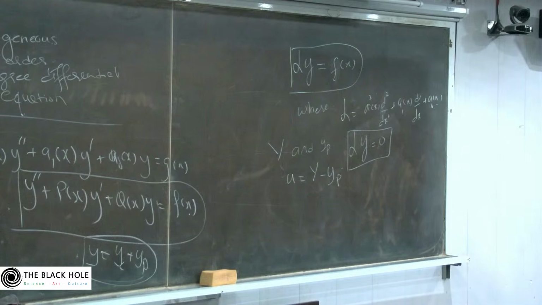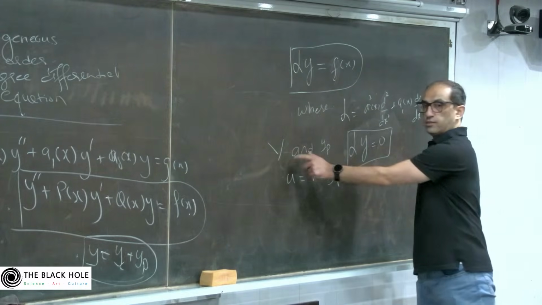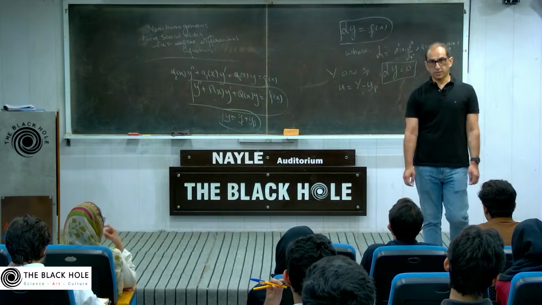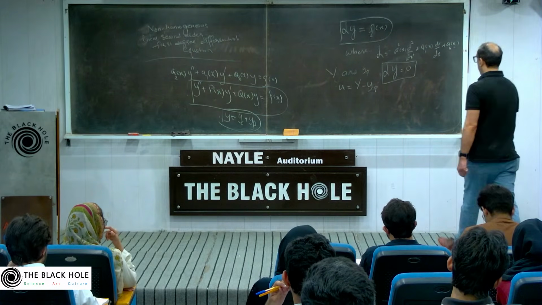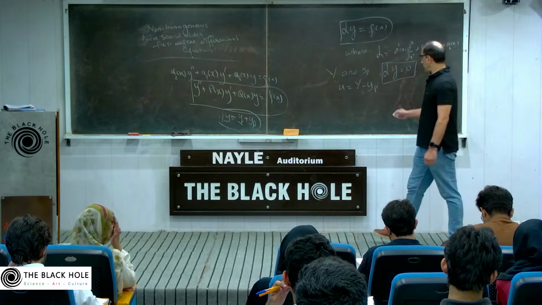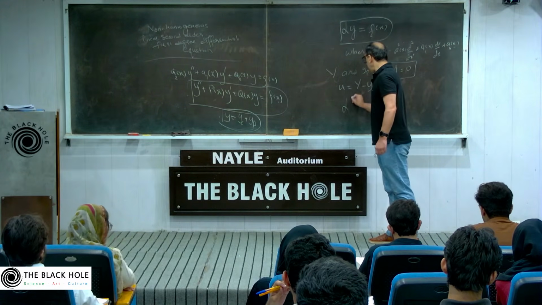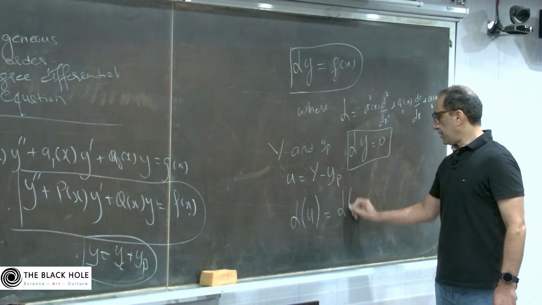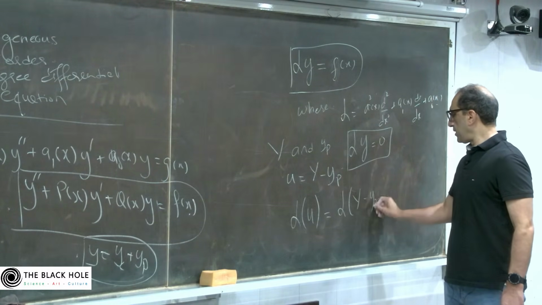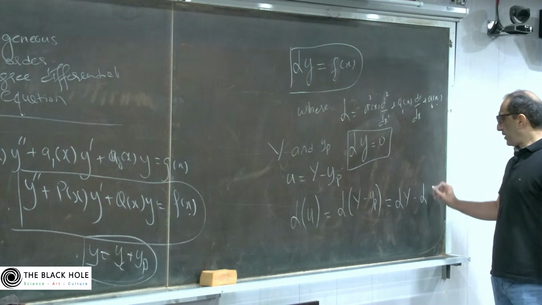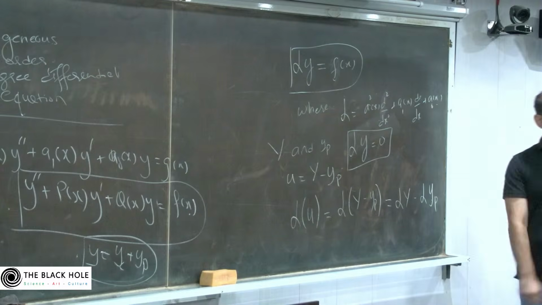I assume that these are the two solutions to whatever input I am using, and I define this u as y minus yp, and now I apply L of u, so that will be L of y minus yp, and using the linearity property I will have L of y minus L of yp.